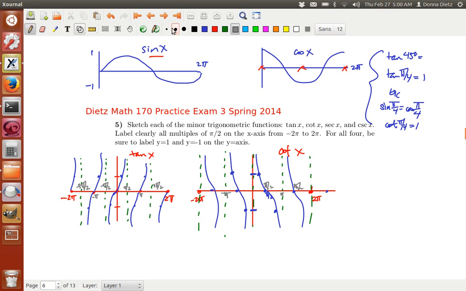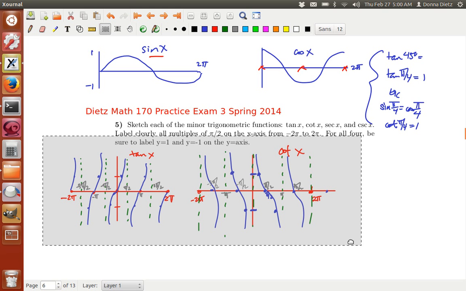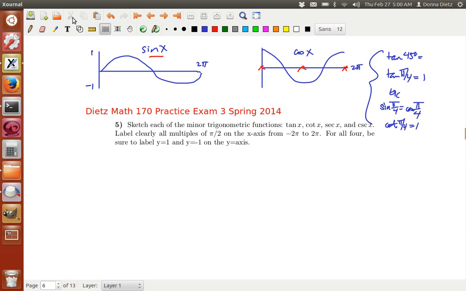I guess I could use a finer width so you could see better. Okay, I think everything's there. We can go to the next questions, and I'm going to cut these out so that I can have the space back. Now I'm going to plot secant and cosecant.